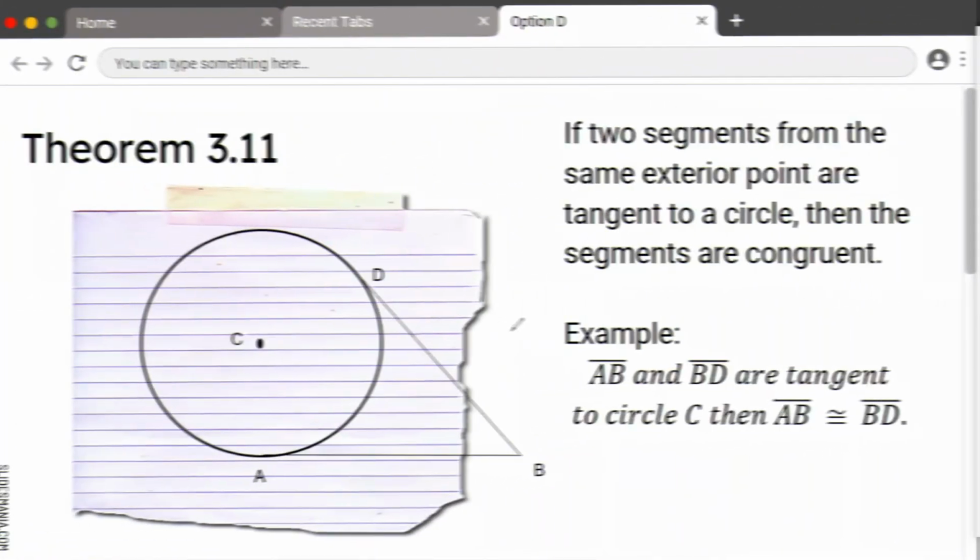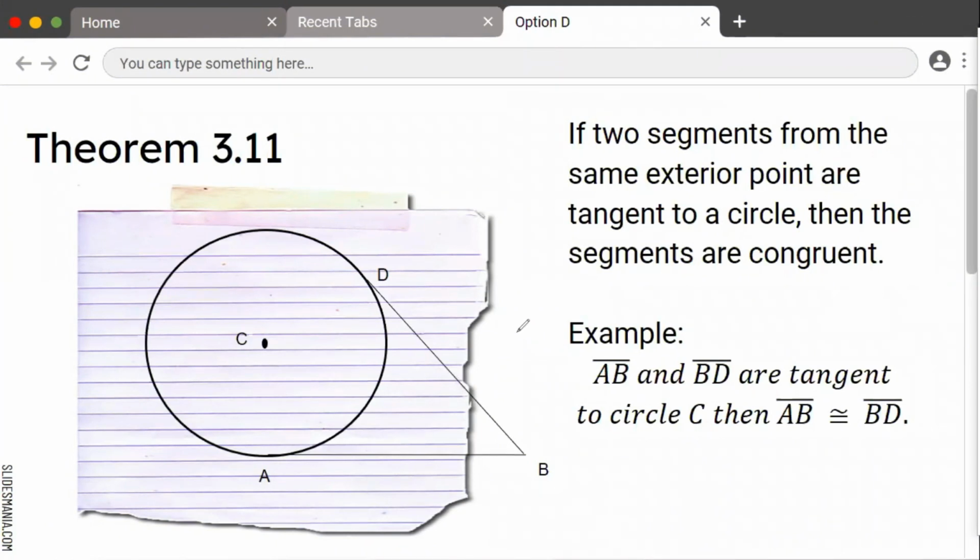So, the line is perpendicular to the radius drawn to the point of tangency. Okay, next. If two segments from the same exterior point are tangent to a circle, then the segments are congruent. Now, if you observe, those following items here that we apply are tangents. Those are tangent lines because again, we gave a definition in our past topic. If we extend that one, assuming it hits one point.